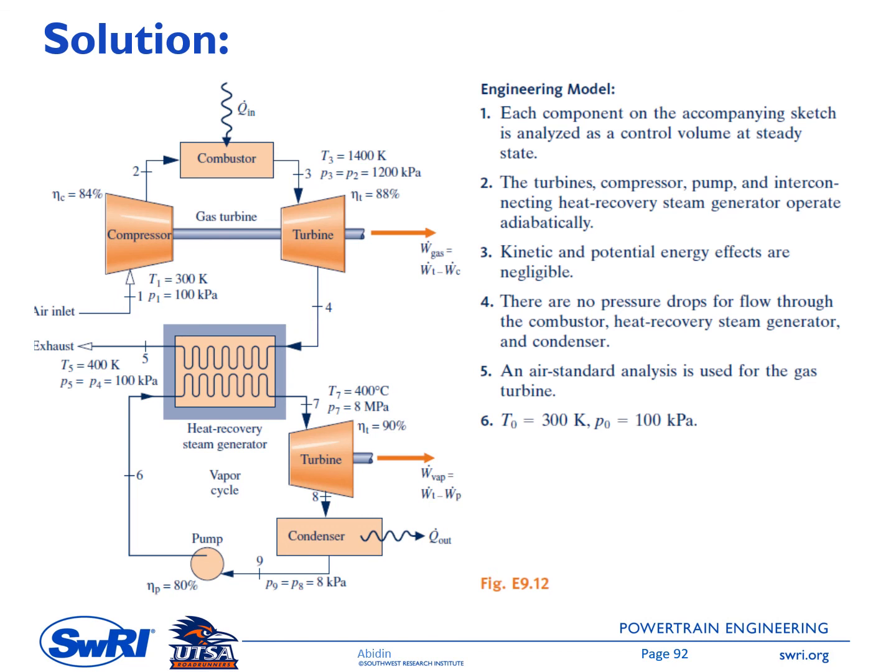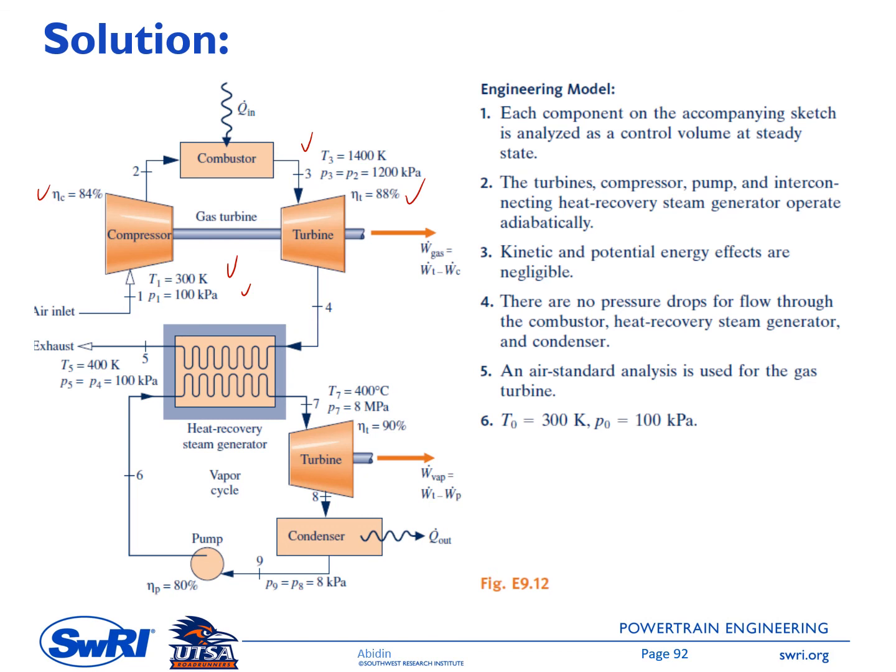For example, at state number 1, T1 is 300 Kelvin and P1 is 100 kilopascal, and the compressor efficiency is given here as 84%. At the entrance to the gas turbine, T3 is 1400 Kelvin and P3 is 1200 kilopascal. The turbine efficiency is 88%.